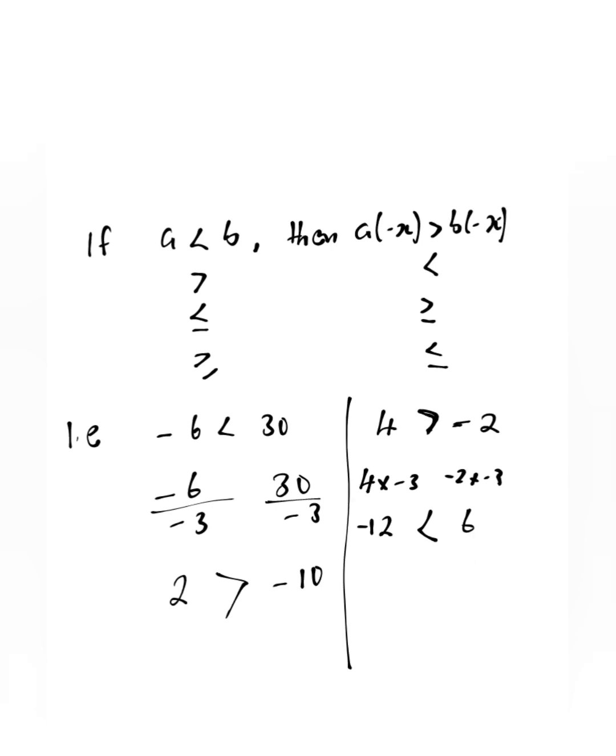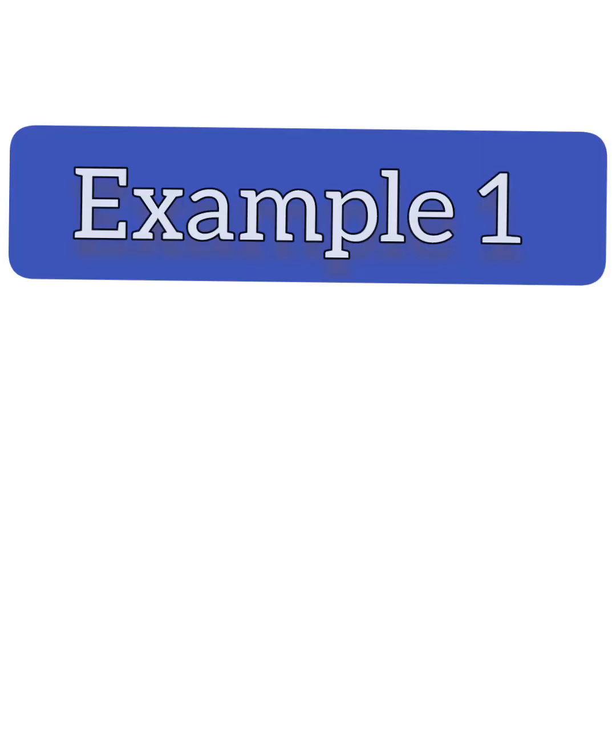Now let's take some examples. Example 1. Find the solution of the inequality below. 4x plus 3 is less than or equal to minus 17. Now we solve an inequality as we solve our normal linear equation, or quadratic if that is needed, but this looks like a linear equation with the inequality sign.